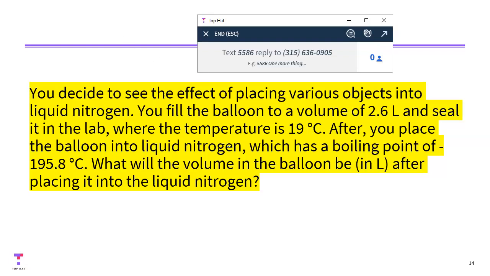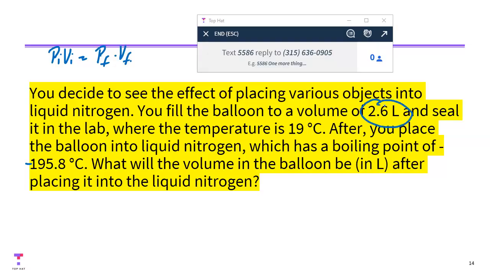Liquid nitrogen has a boiling point of negative 195.8 degrees Celsius. The question is, what is the volume after we put it into that liquid nitrogen? To do that, we need to set up Boyle's law. I've got PIVI is equal to PFVF.